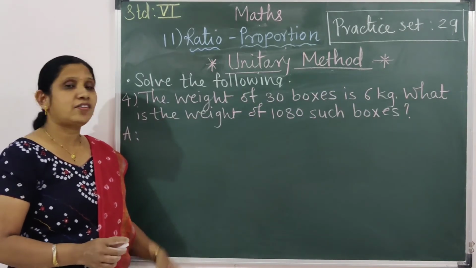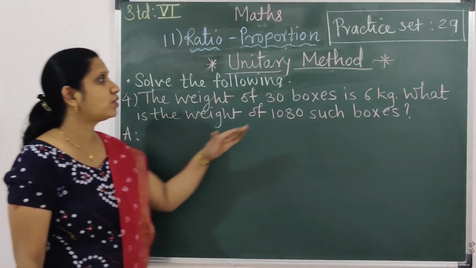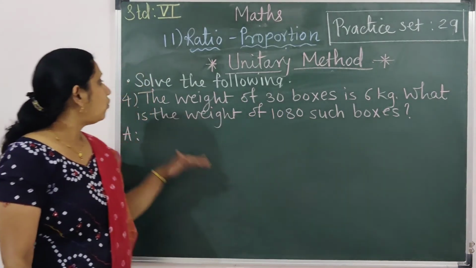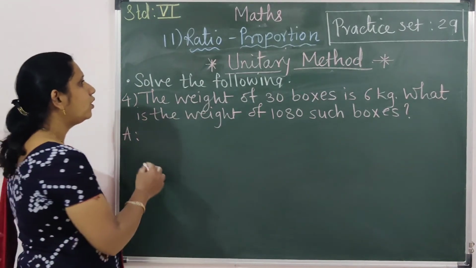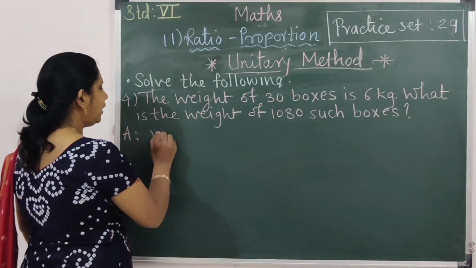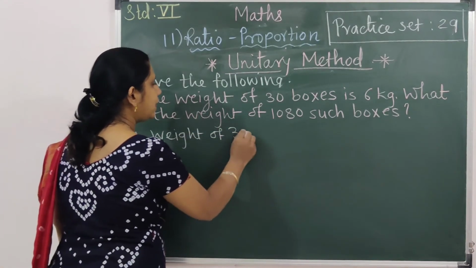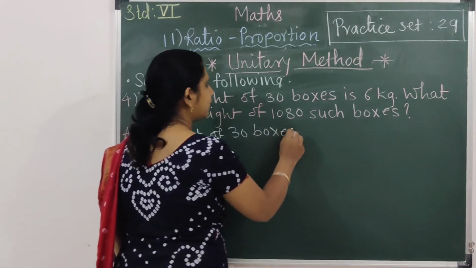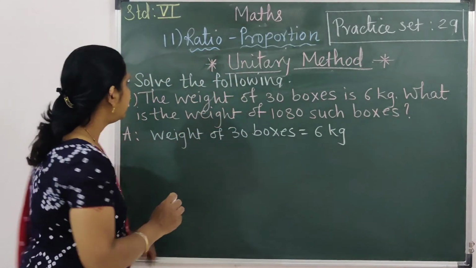Students, see here the fourth example. The question is: the weight of 30 boxes is 6 kg. What is the weight of 1080 such boxes? So let us write here weight of 30 boxes is equals to 6 kg, 6 kilogram.